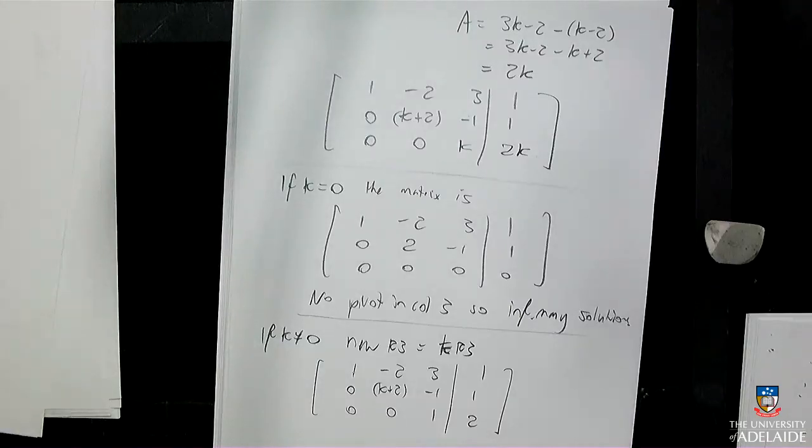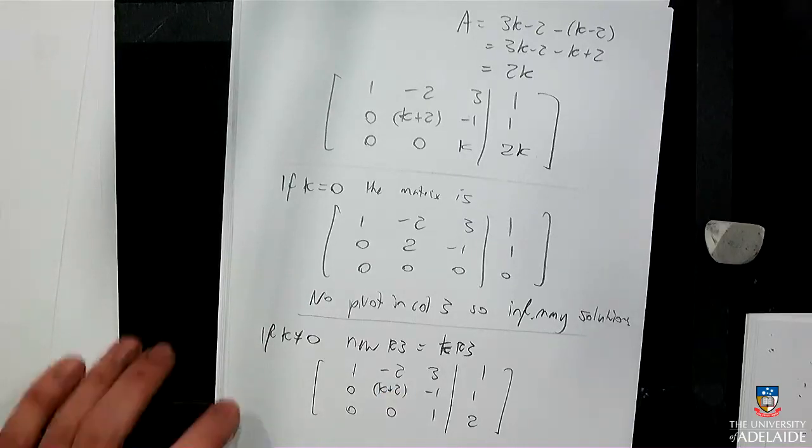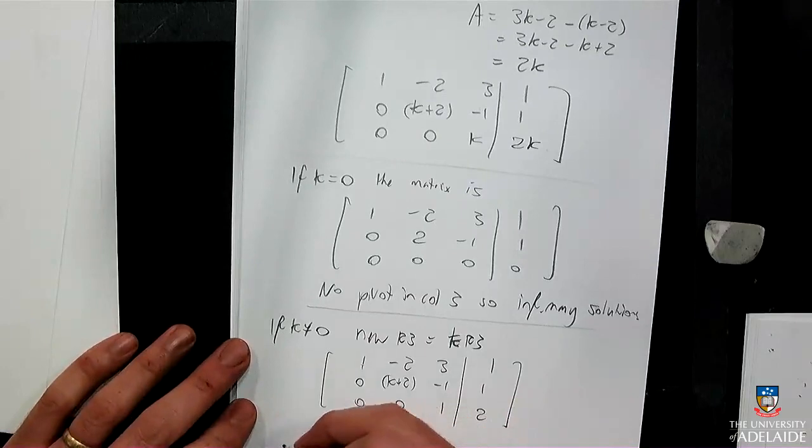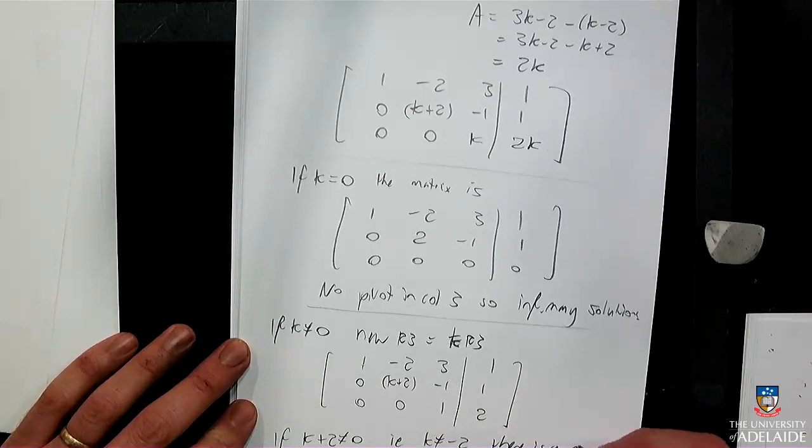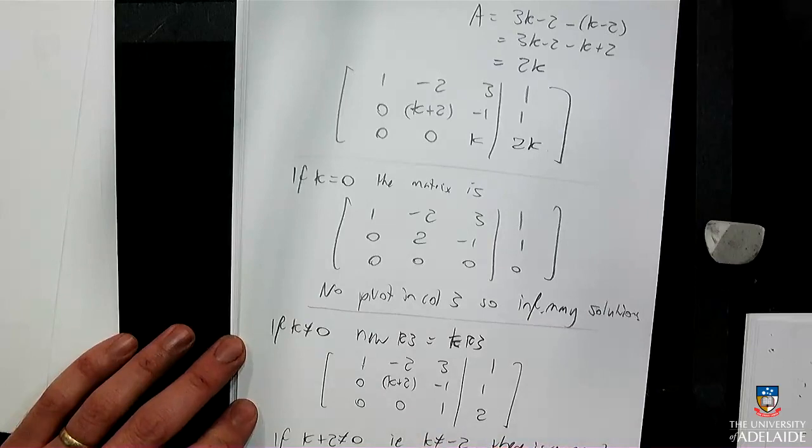So if k plus 2 isn't 0, then I've got a pivot in every column. If this isn't 0, I'll be able to divide by it and get a pivot there. So, i.e. that k is not minus 2. There is a pivot in every column, so a unique solution.